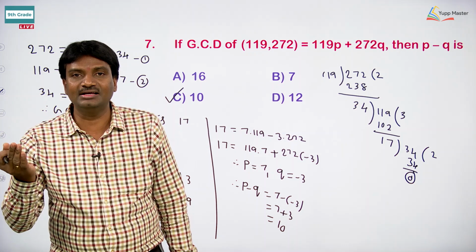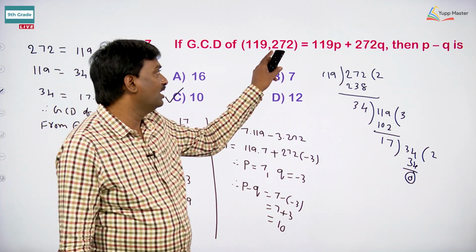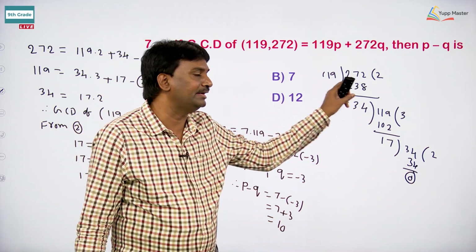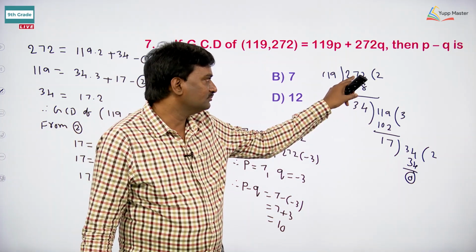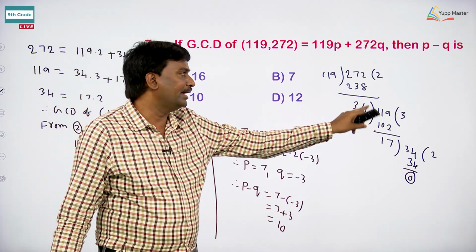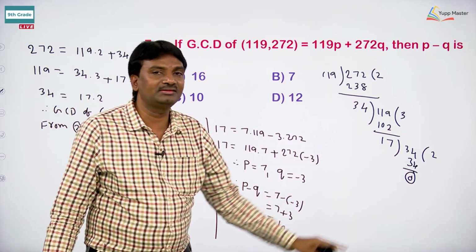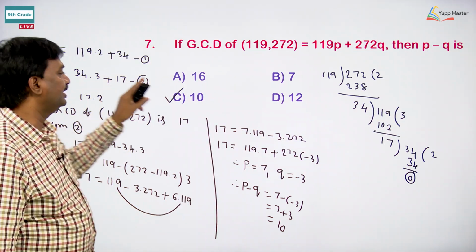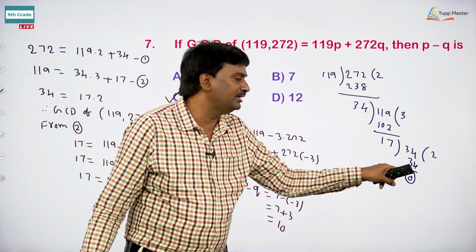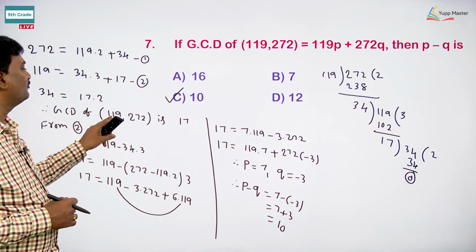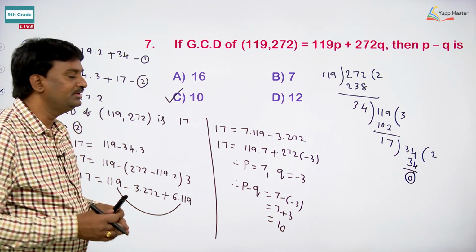We have to divide the greatest number by the least number, where the greatest number is 272 and the least number is 119. So 272 can be written as 119 into 2 plus 34. Again, 119 can be written as 34 into 3 plus 17. By dividing 34 by 17, we get the remainder as 0. So we can take the GCD of 119 comma 272 as 17.